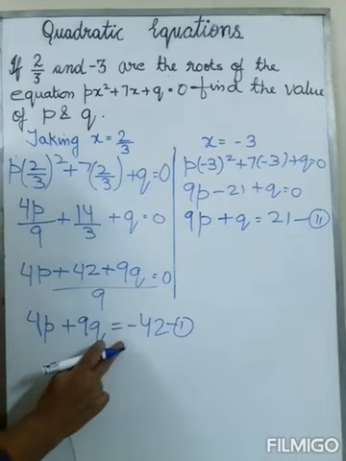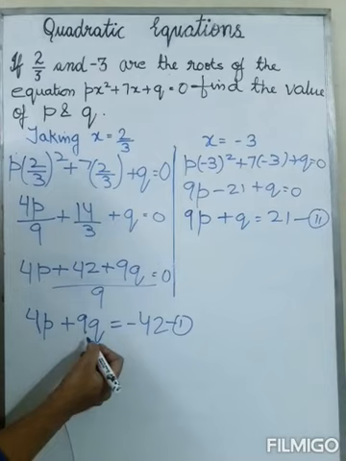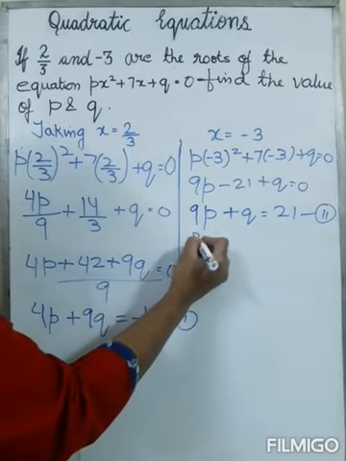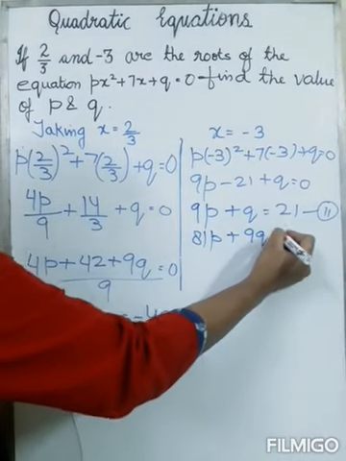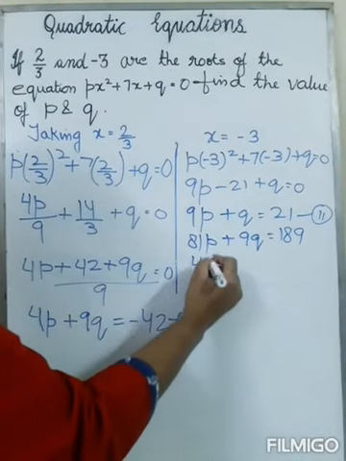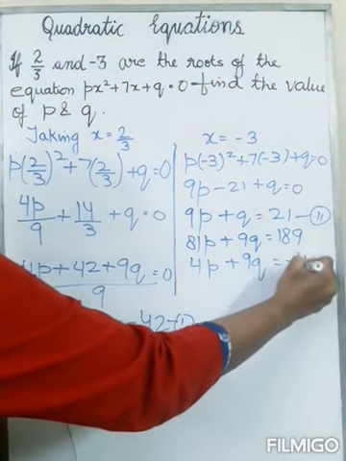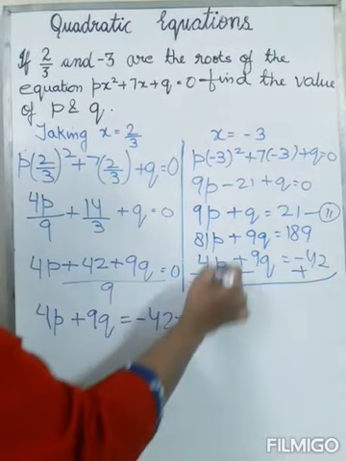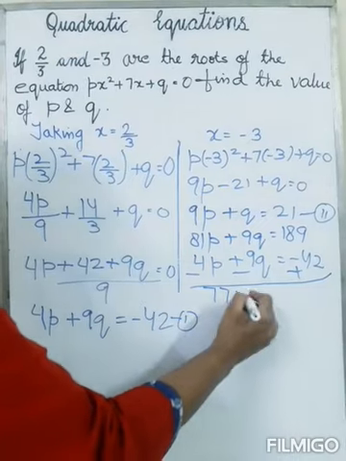Now these two equations I have, using the elimination method I can solve for p and q. So here it is 9q, I am multiplying 9 in this. So I will get 81p plus 9q equals to 189. And here I have 4p plus 9q equals to minus 42. I am subtracting both the equations. So here subtracting, I will get 77p.